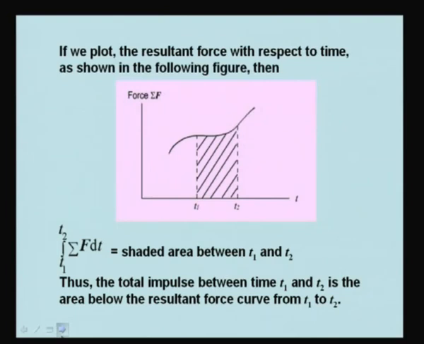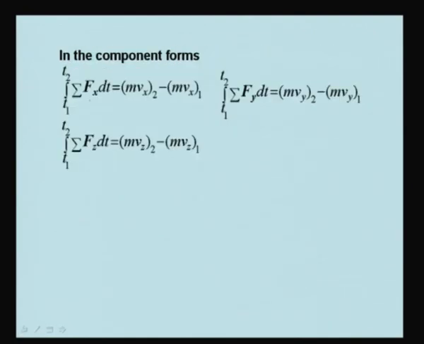If we plot the resultant force with respect to time, then the integral from t1 to t2 of sigma F dt is the shaded area between t1 and t2. If we have the three components Fx, Fy, Fz, then we can plot the Fx component with time, the Fy component with time, the Fz component with time, and we can find the area, that is the integral of sigma Fx dt, is equal to this.